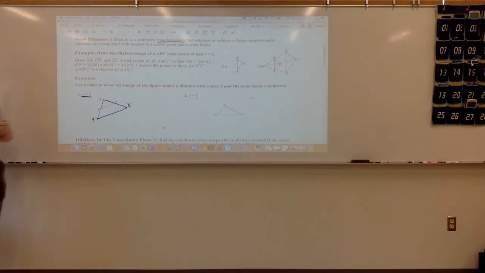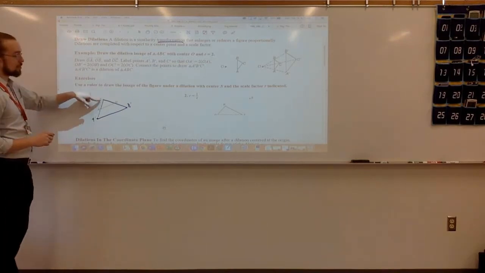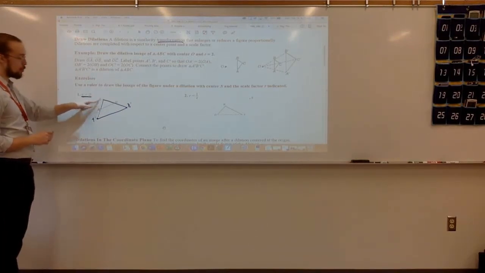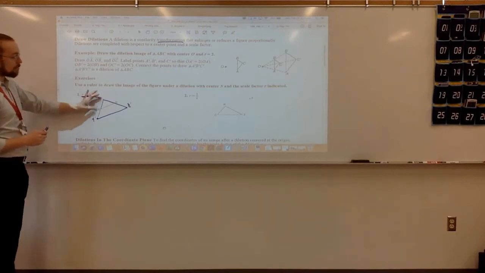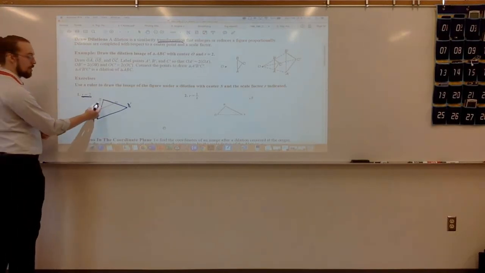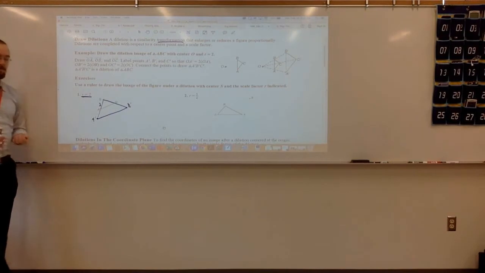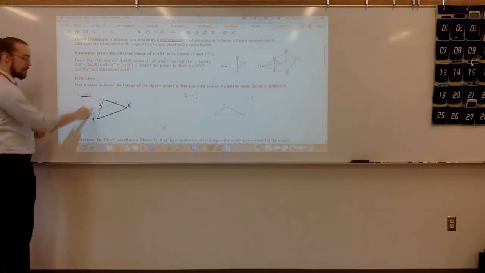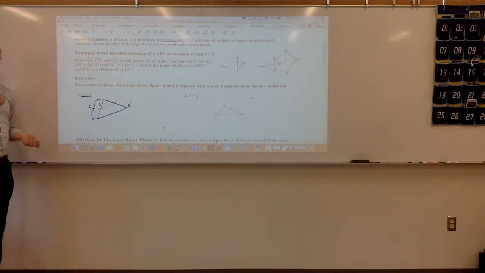So all I did was take the distances from the center of dilation to each point and multiply those distances by the scale factor. So for example, we could say that the distance from S to A is 3. Well, then the distance from S to A prime would be double that, would be 6.